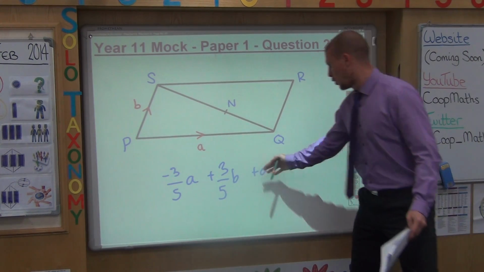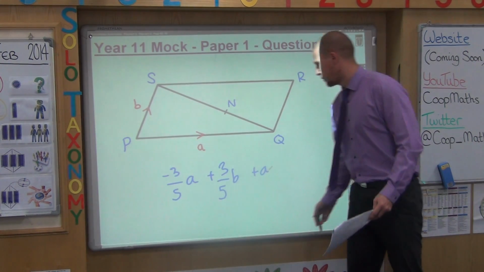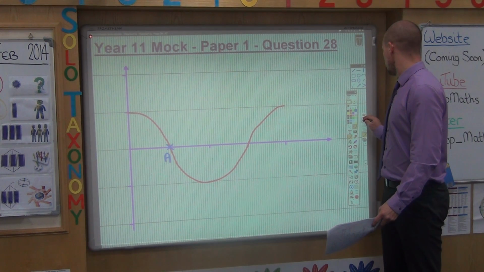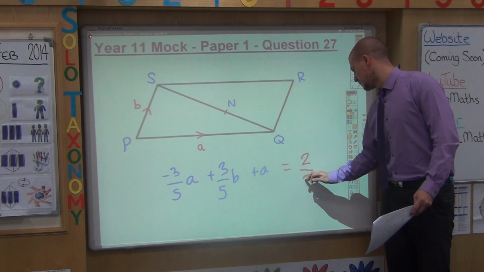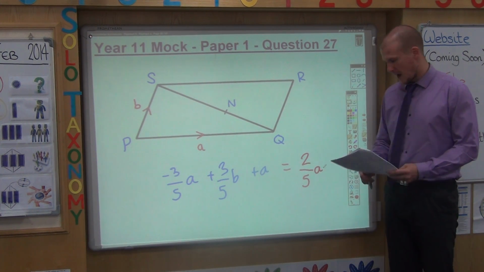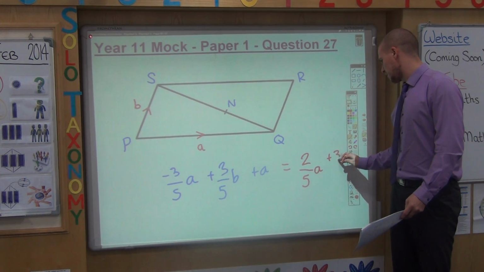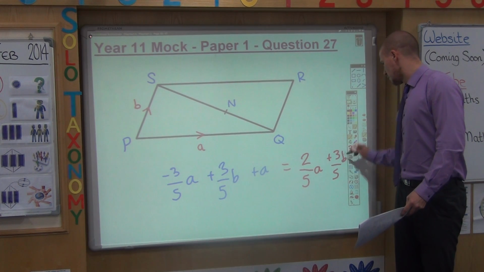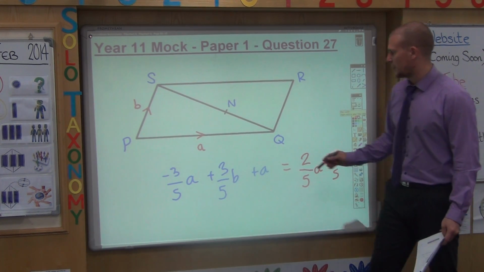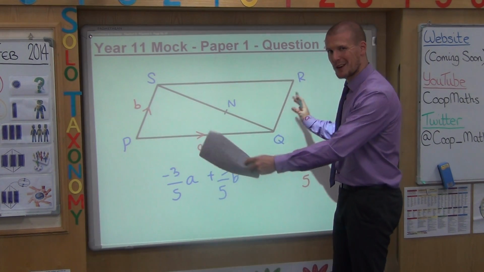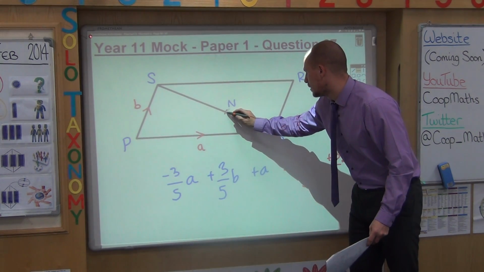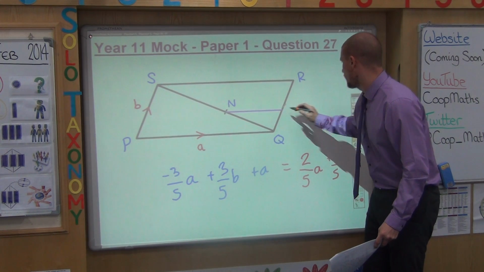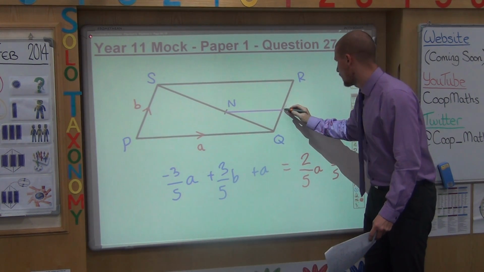Tidying that up, if you have a whole A and you're taking away 3/5, you're left with 2/5 of A, and you're adding 3/5 of B. And in terms of a picture representation of that, this parallelogram, if you really shrunk it, I could almost describe it like you've got the journey here and the journey up there.